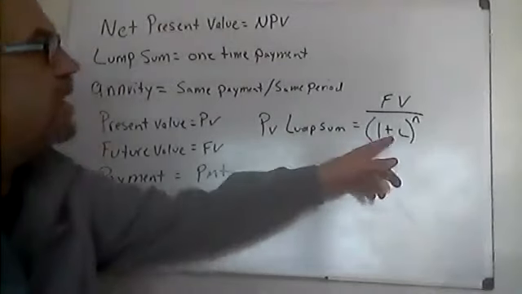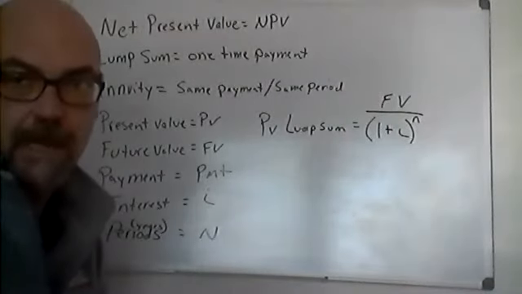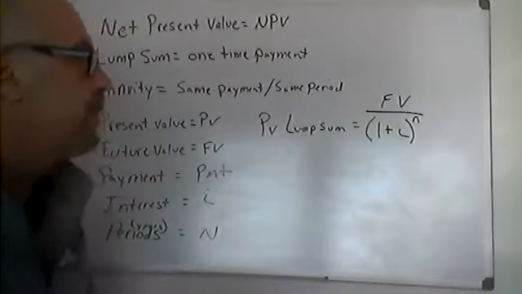So it's 1 plus the interest rate raised to however many periods the thing is set out for.